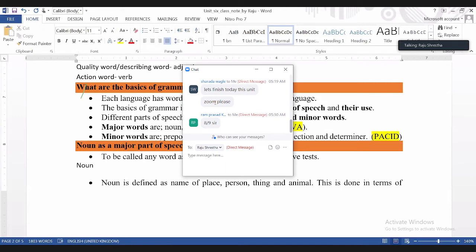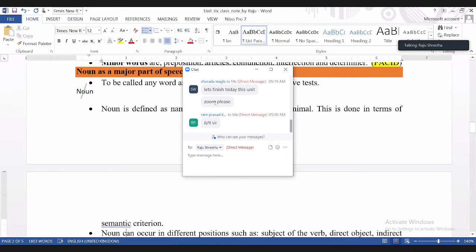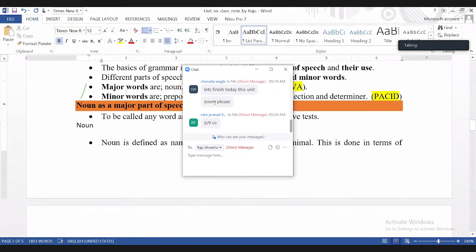Noun पहिलो टेस्ट के हो भने semantic test, semantic test अथवा criteria भने पनि भयो.